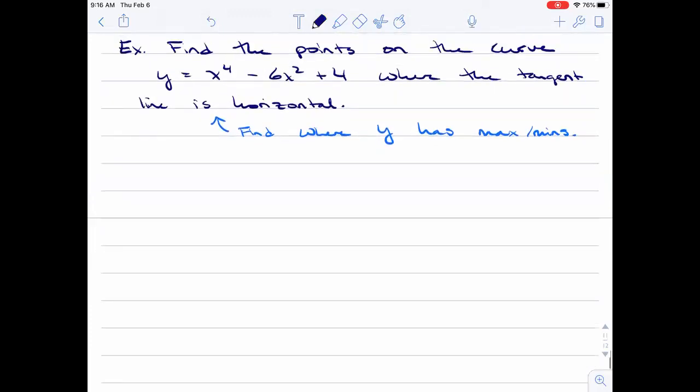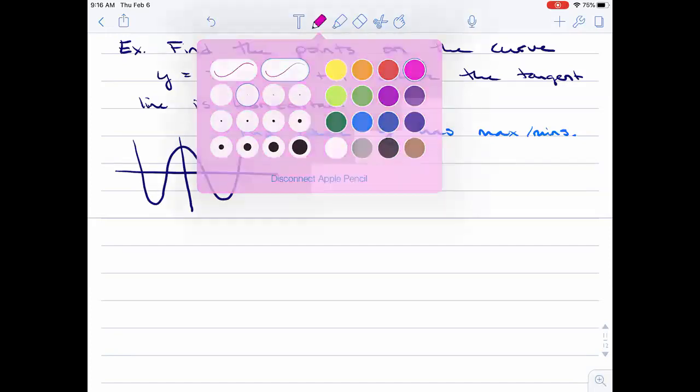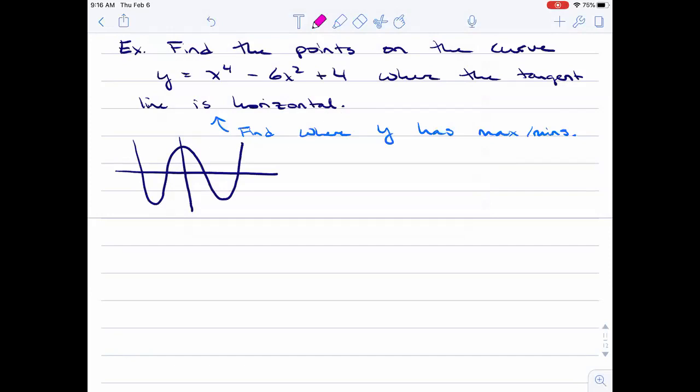But if we plot this, we can use Desmos, what it's going to look like is something like a W. So here, here, and here.